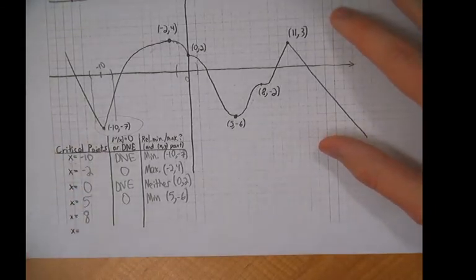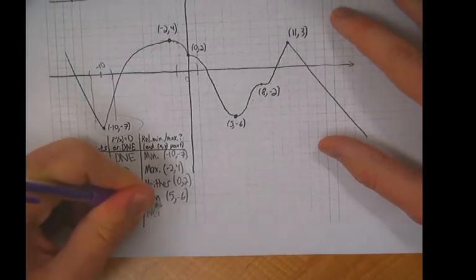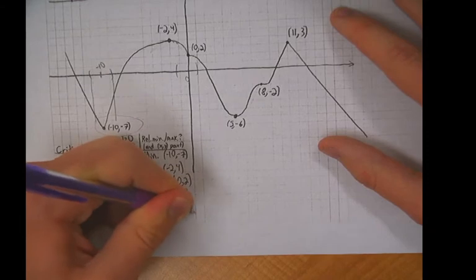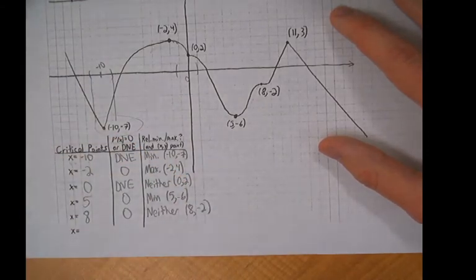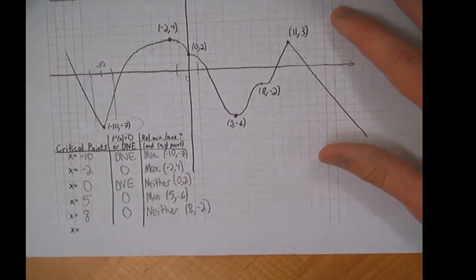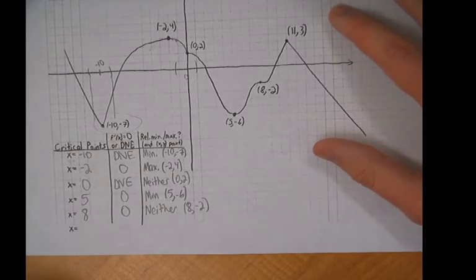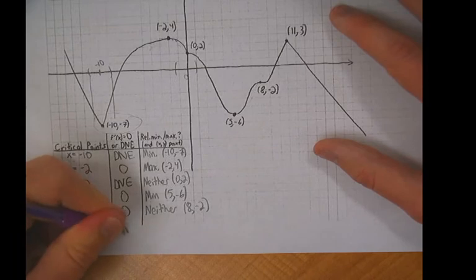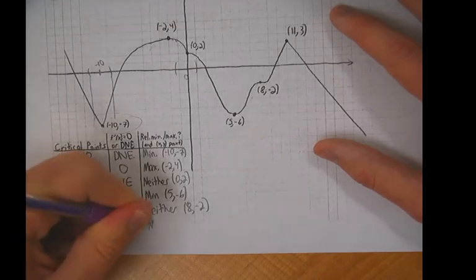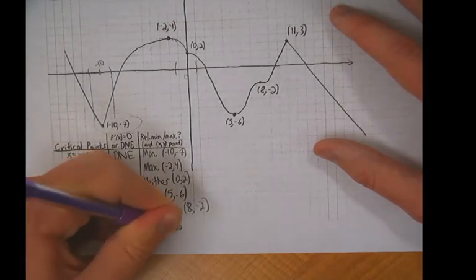And then 0. Okay. And then neither. Neither. Good. That's 8, 2. And then the last one. 11. Yep, 11. Does not exist. And max. Good. And then at 11, 3.